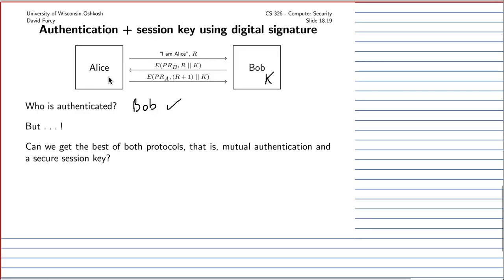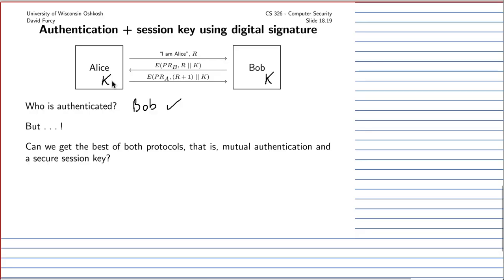Then Alice can decrypt this message using Bob's public key, so she's going to get the key. That's the good thing. She's also going to see that the nonce was properly encrypted by Bob.